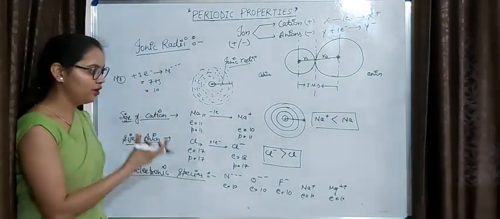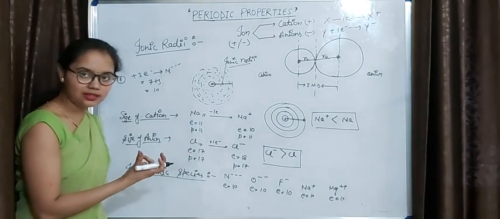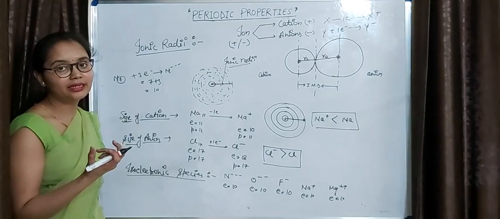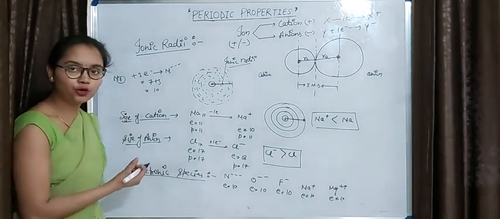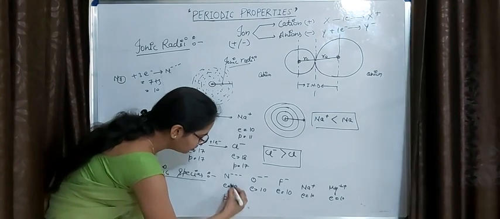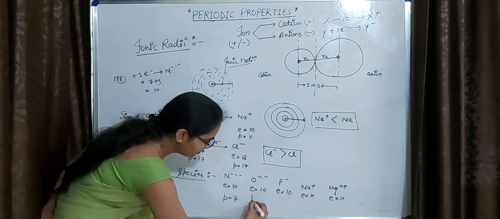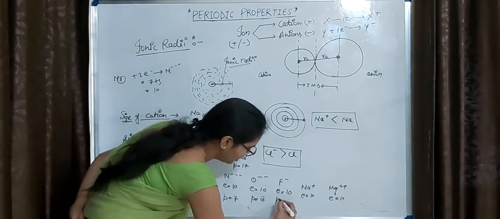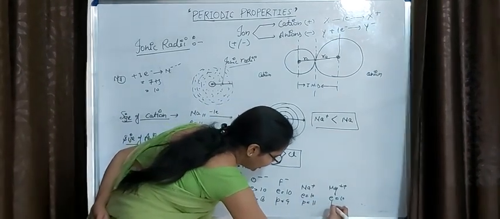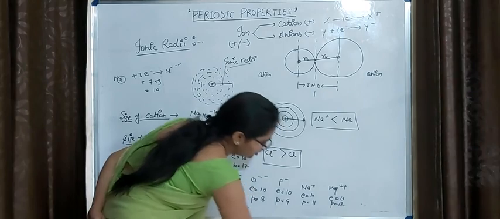Now if we want to know the sizes of these species, we have to determine the number of protons. So let's talk about the number of protons. In this protons are 7, in this 8, in this 9, in this 11, and in this case protons are 12.